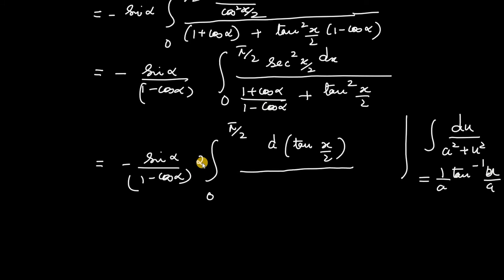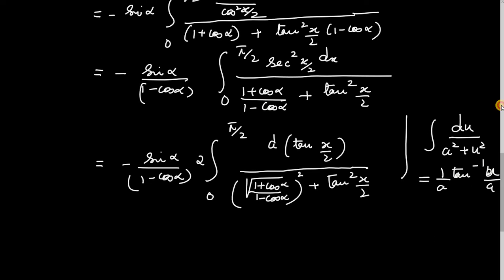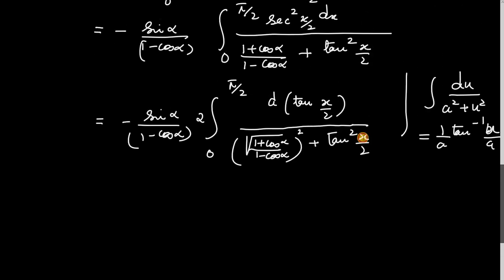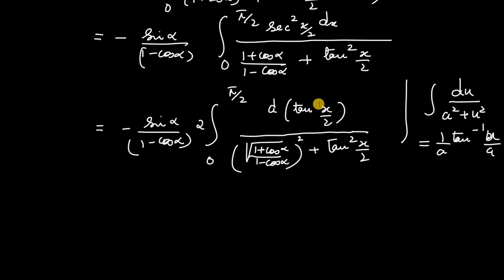Whole thing divided by square root of, I can write it as 1 plus cos alpha by 1 minus cos alpha the whole square, which will act as a square plus tan square x by 2. So as differentiation of tan x by 2 gives you secant square x by 2 into half, that half and this 2 will be cancelled. So you will get the original one. So now this one can be written as what? Minus 2 sine alpha by 1 minus cos alpha.